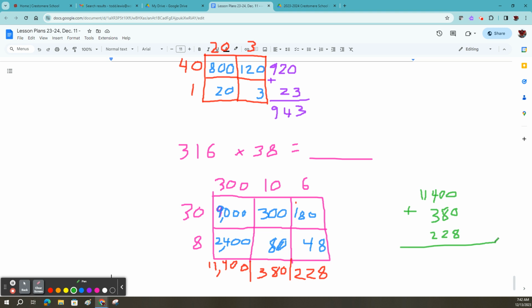Now you might be thinking, well, Mr. Lewis, I've got a phone in my pocket. It's got a calculator. Why don't I just times 316 times 38 with my calculator? Absolutely. And that's what you're going to do as an adult, usually, because you don't have time to sit down and do the box method or any other strategies we're going to learn. So then you may be thinking, well, what's the whole point of this? If I have a calculator, what's the point?